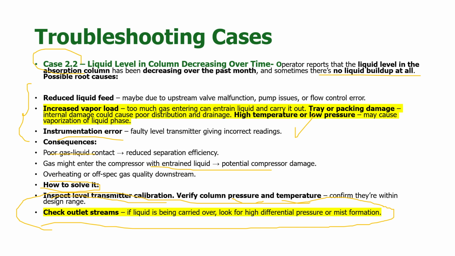Secondly, high compressor vibrations often point to process upsets and also mechanical imbalance and rotating equipment machinery issues, and decreasing liquid levels in the column can mean loss of feed, equipment malfunction, process upset, instrumentation error, etc. As engineers, our job is to connect these symptoms, what we have discussed here, to physical causes. You always need to be able to combine your data analysis, your site field checks, and your engineering judgment as well.